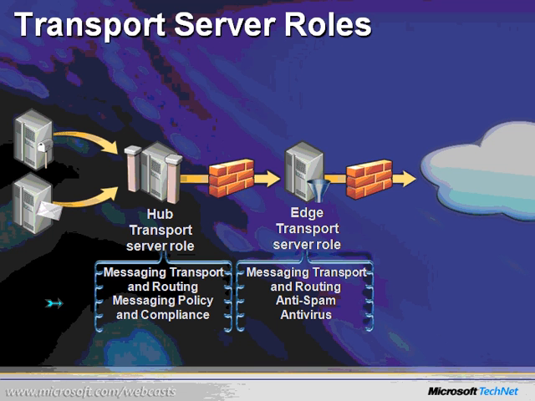It also is where all the transport rules are associated. So when I create a compliancy rule that says messages with this type of text is not allowed, or I want to force a disclaimer on all my emails, that's going to be handled by the hub transport server role. Right? And that's the messaging policy and compliance piece. And that's your internal environment.